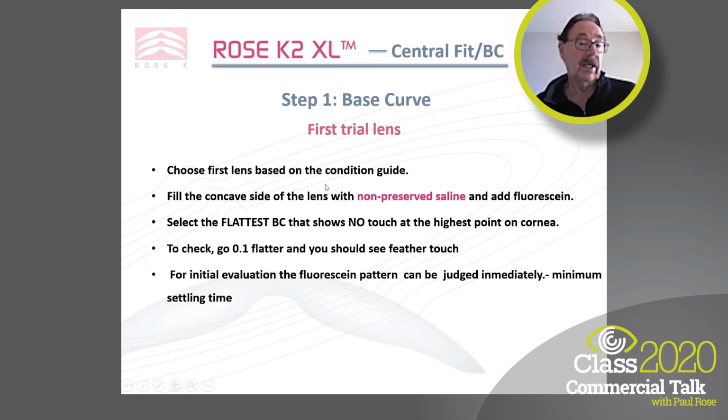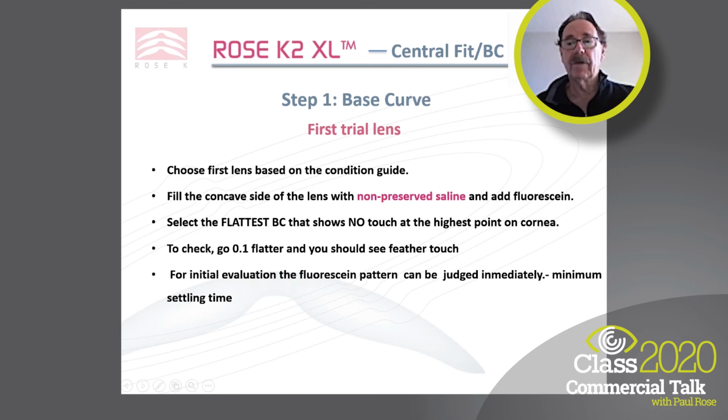So you choose your lens based on the condition guide, you fill it with non-preserved saline, add plenty of fluorescein, don't be afraid to put plenty of fluorescein in, and select the flattest base curve that shows no touch at the highest point on the cornea. So you can keep going flatter until you see that first amount of touch over the highest point of the cornea, then you know you're too flat, you've got to go back 0.1 steeper than that.